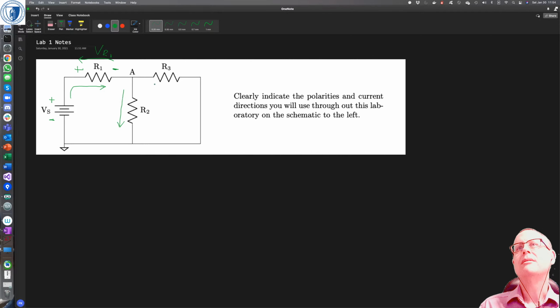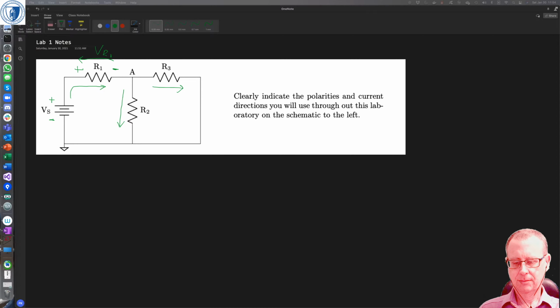Okay? So then let's say that we have current flowing through R2 and R3. Right, and let me pick on someone else. So Joel, for R2, where would I put the polarity signs for measuring the voltage across R2, given that R2 has to satisfy the passive sign convention?